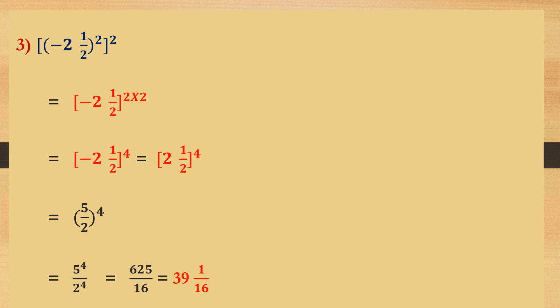We distribute the power among the numerator and the denominator as we said before in lesson 1, so it will be 625 over 16. In the mixed form it will be 39 and 1 over 16 in the simplest form.